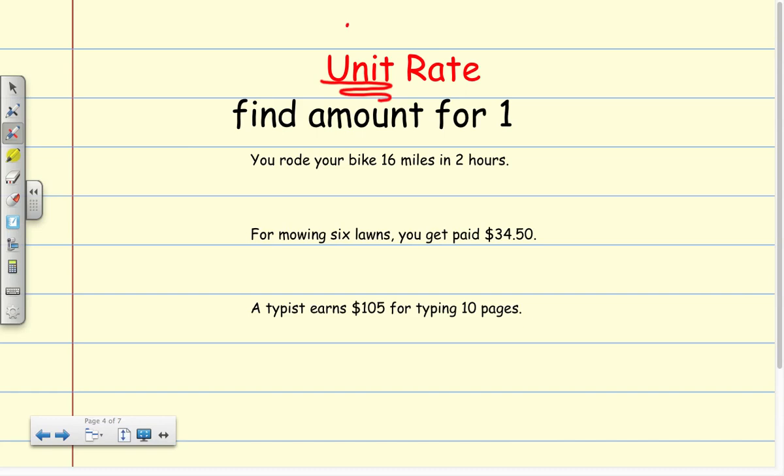So again, unit means 1, or I said 1 unit, just singular. So we can find the amount for 1 utilizing equivalent fractions.